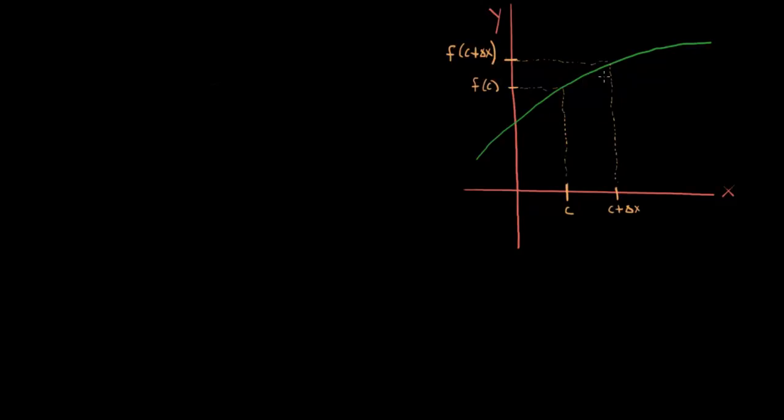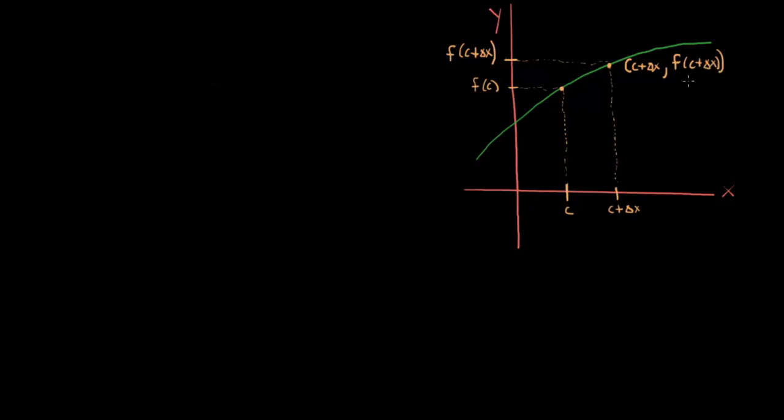Now, if I wanted to find the slope between this point and this point, I could just use algebra. What are the coordinates of this point right here, x comma y? We don't have numbers, but we have representations of those points. The x value is exactly c plus delta x, and the y value is f of c plus delta x.